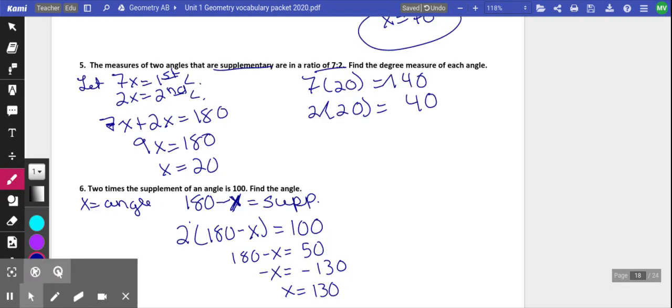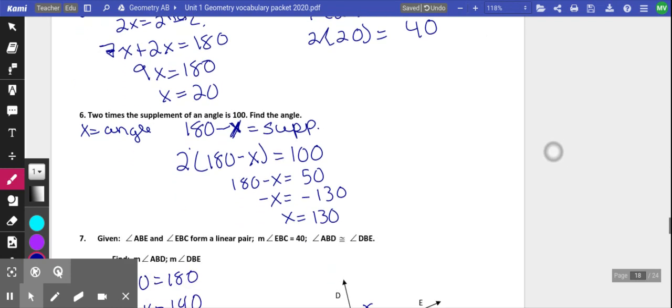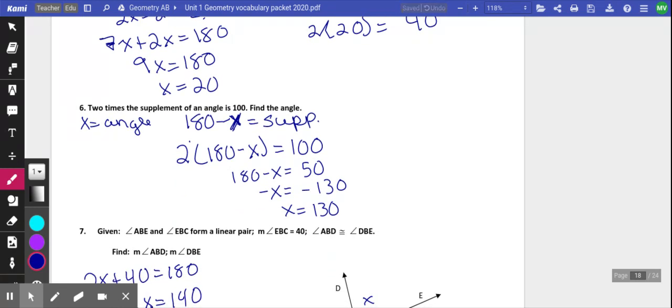Okay, so hopefully you tried these. On number 5, I made my angles 7x and 2x. Therefore, 7x plus 2x equals 180. That gave me x equals 20, and then the angles are 140 and 40. Number 6 was a little bit trickier because I have 2 times the supplement of an angle is 100.